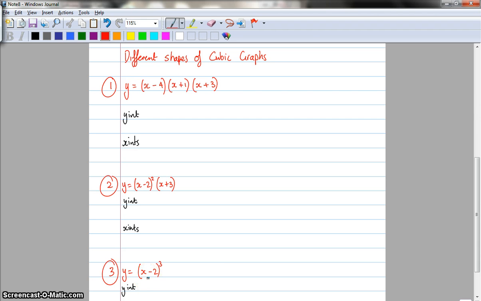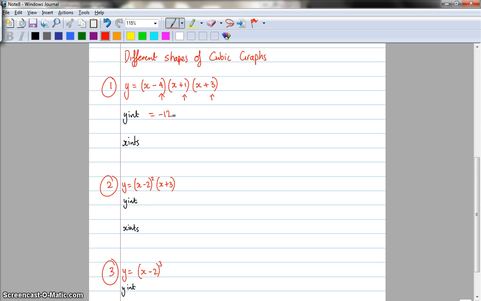So first I'll do the y-intercept of the first one. Now again, that's when x equals 0, and just for the sake of space, I'm going to do that fairly quickly, and I'm going to say that it's negative 4 multiplied by 1 multiplied by 3, which gives us the answer of negative 12.